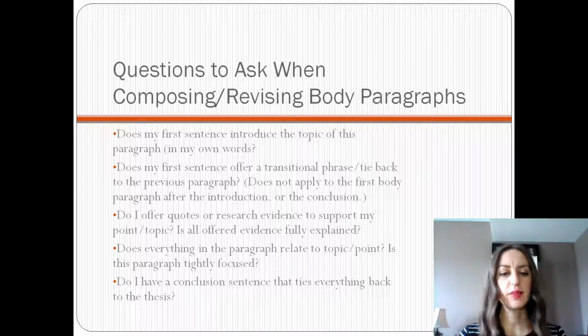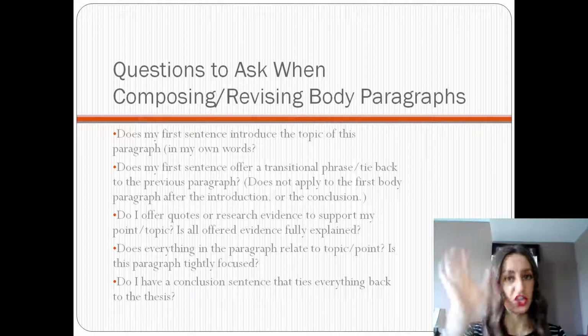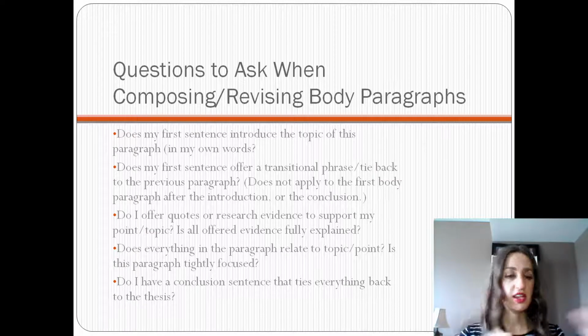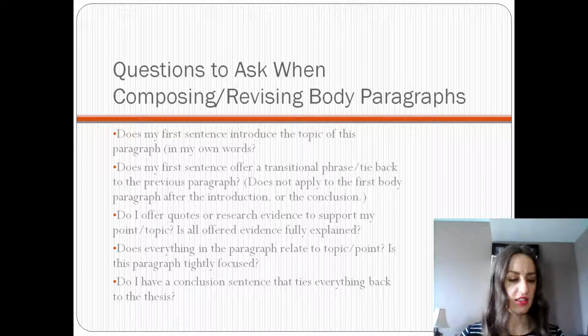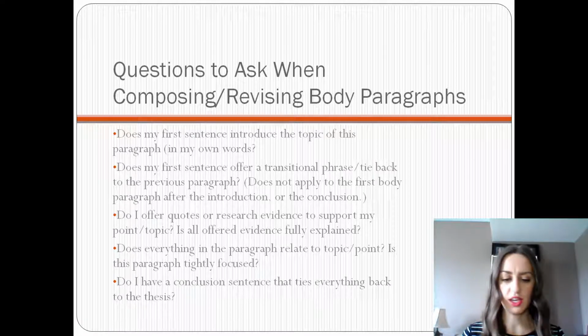Does everything in the paragraph relate to the topic or point? Is this paragraph tightly focused, okay? Now, this is a problem, especially, I feel like, for Gardner writers, where you're writing and ideas come up and you're like, oh yeah, I need to talk about that and I need to talk about that.